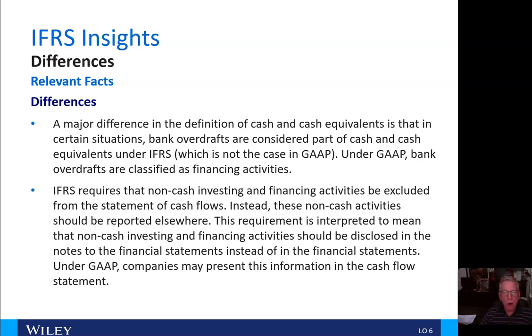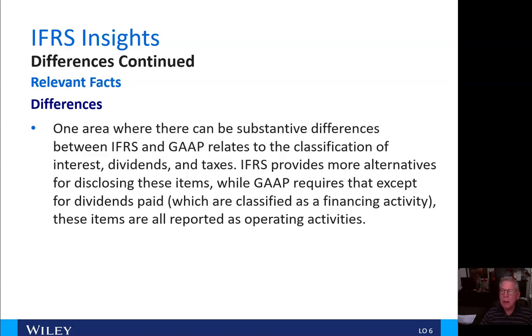IFRS requires that non-cash investing and financing activities be excluded from the statement of cash flows. Instead, these non-cash activities should be reported elsewhere. This requirement is interpreted to mean that non-cash investing and financing activities should be disclosed in the notes to the financial statements instead of in the financial statements. Under GAAP, companies may present this information in the cash flow statement.